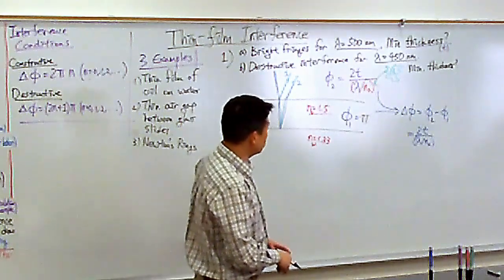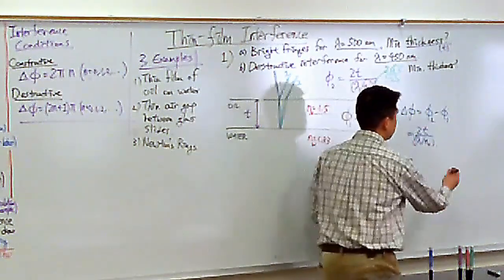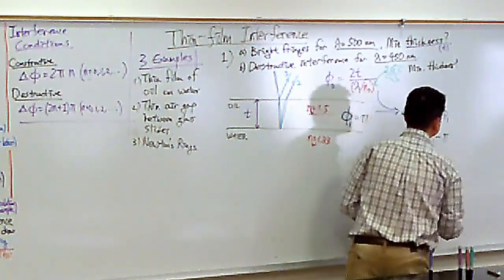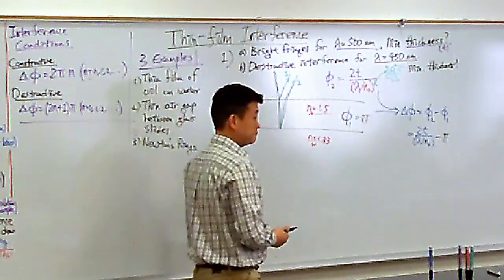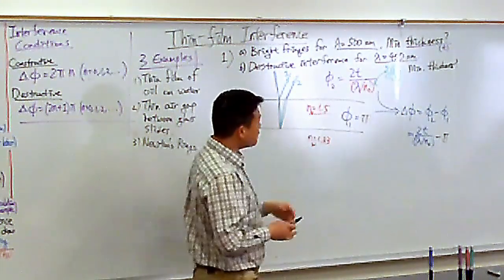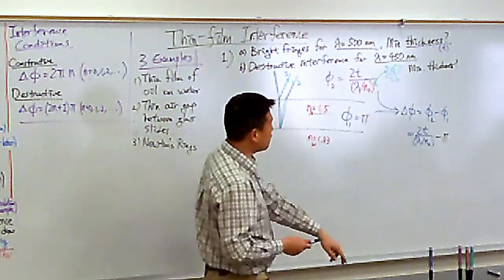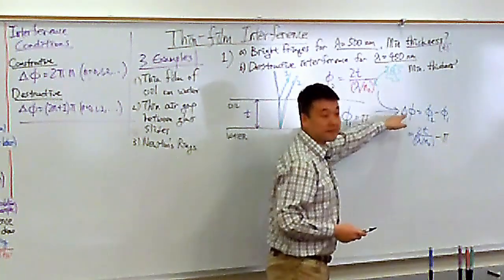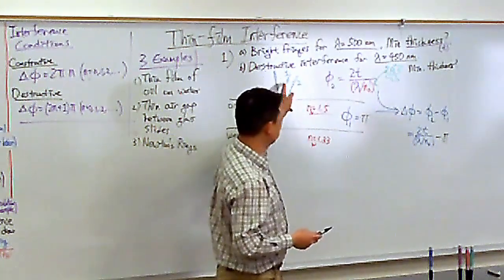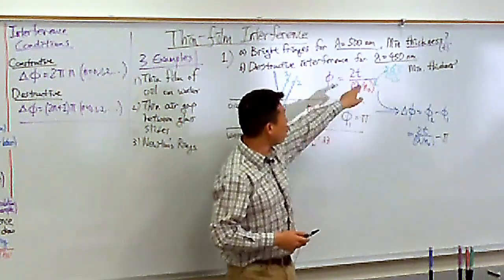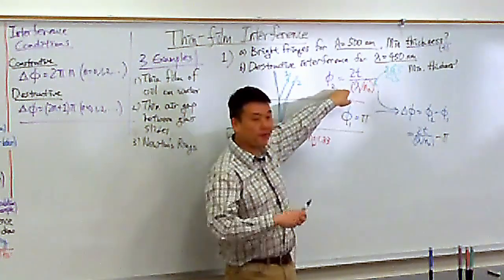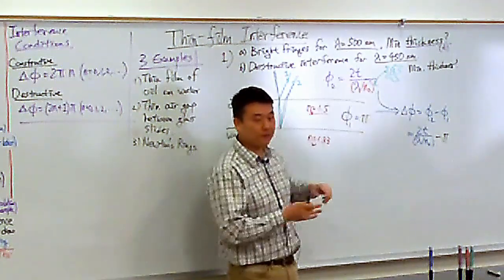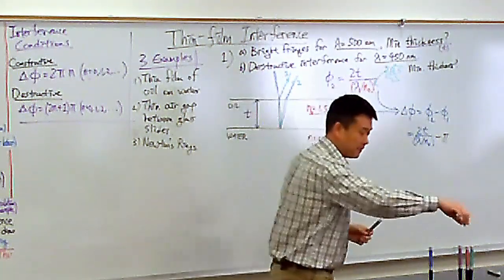So when you do phi2 minus phi1, there will be minus pi. Good? So that's the correct expression for phase shift or phase difference between the two beams that accounts for all the things that you knew about but maybe weren't paying attention to quite yet.